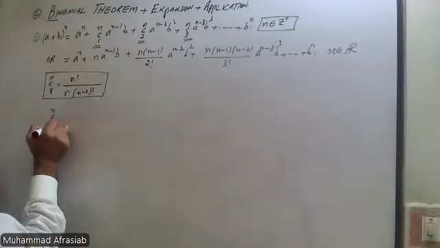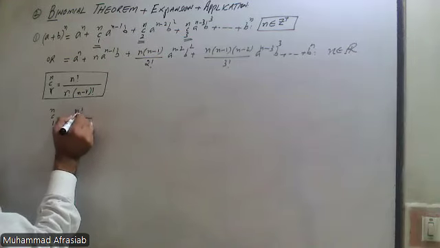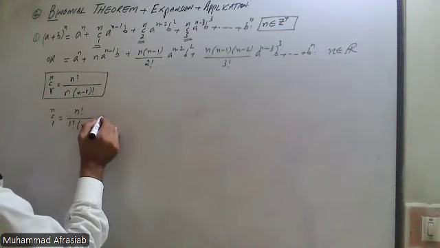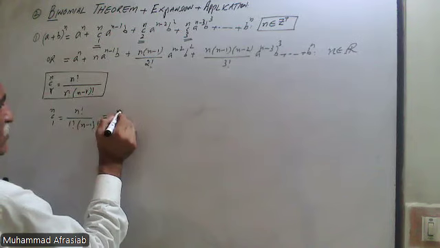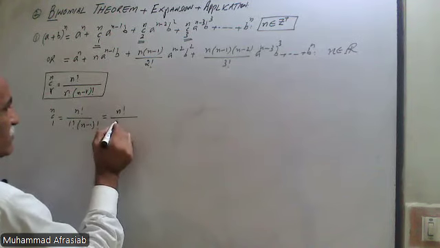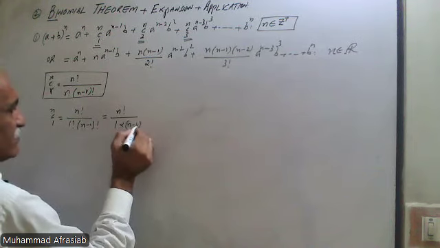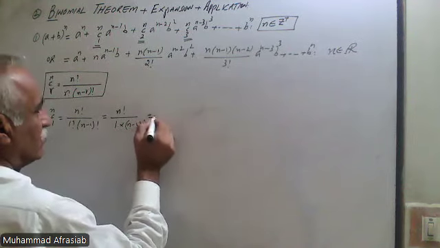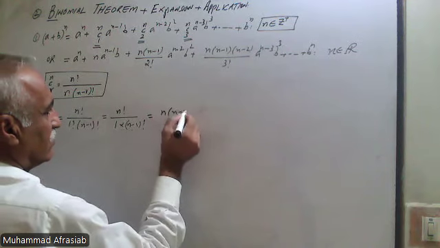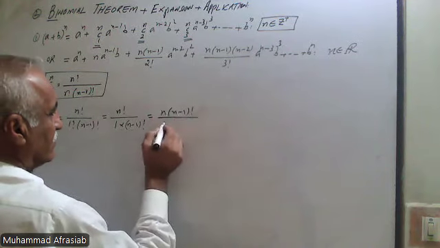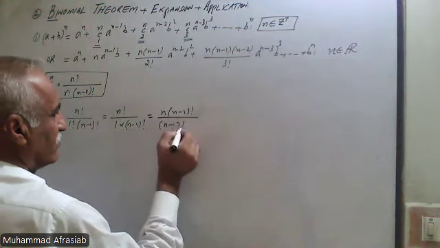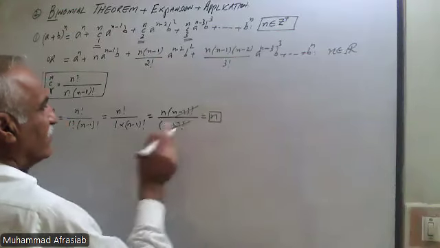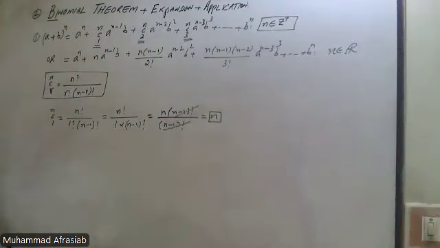If we write nC1, it should be equal to n factorial over 1 factorial (n-1) factorial, which is n factorial over 1 into (n-1) factorial. And this is equal to n into (n-1) factorial divided by (n-1) factorial. This thing is equal to n. And the same way we can proceed for the rest of the calculation.